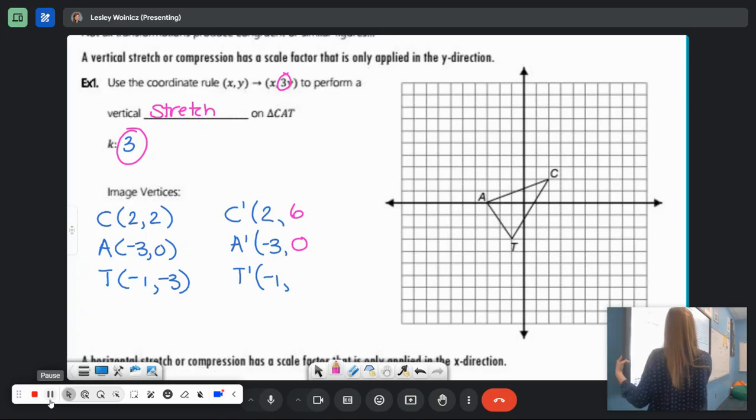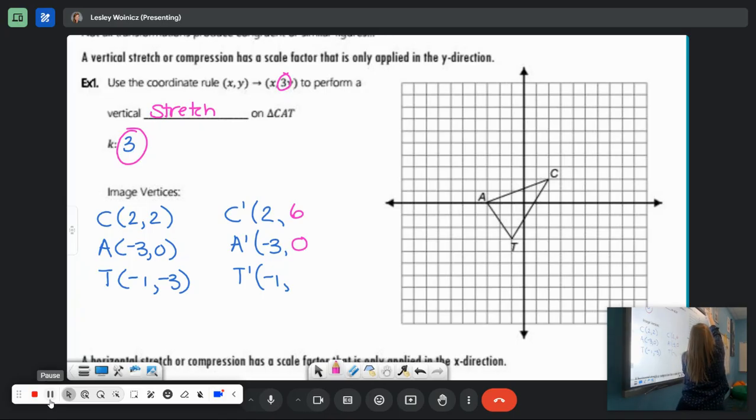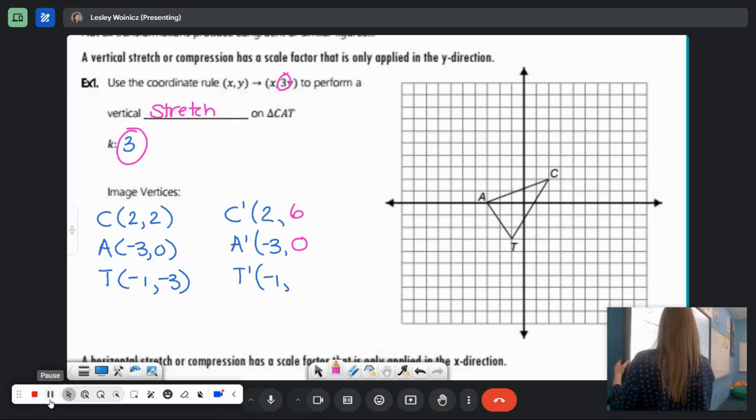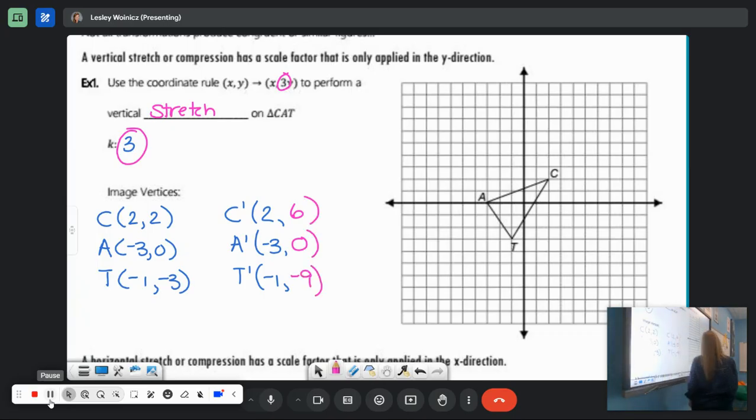If we have a point that is on our axis when we're stretching, then it doesn't get stretched. Not if it was on this axis, but if it's on the x, because we're stretching away from the x-axis right now. Okay. -3 times 3 is -9.